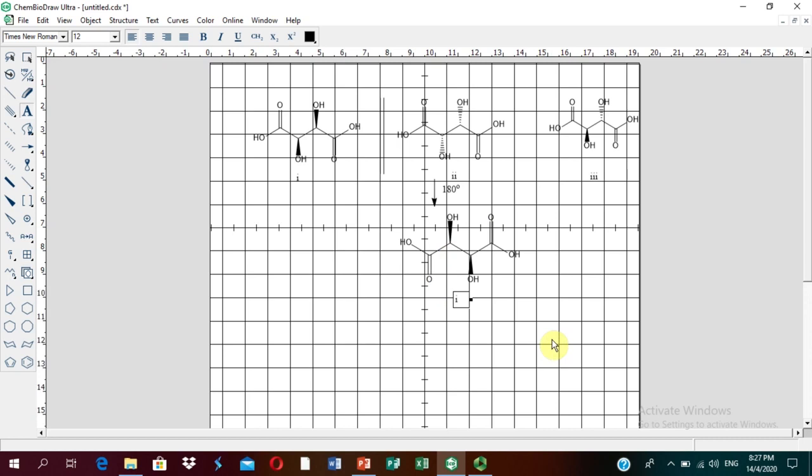It is the same, but just rotated. Rotate the structure. So if you compare structure 1 and the new one after you rotate 180 degrees, yeah.